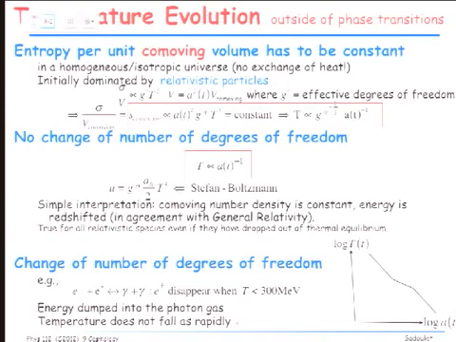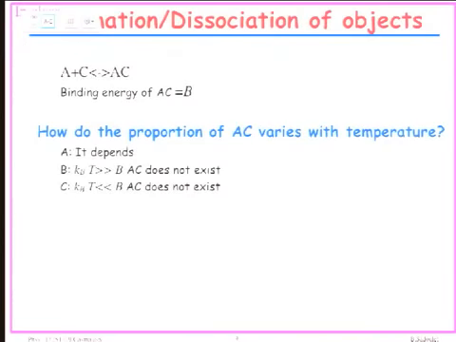My question is, how does the proportion of AC vary with temperature? I cannot speak English or write English late at night, apparently. Okay, how does the proportion of AC vary with temperature?